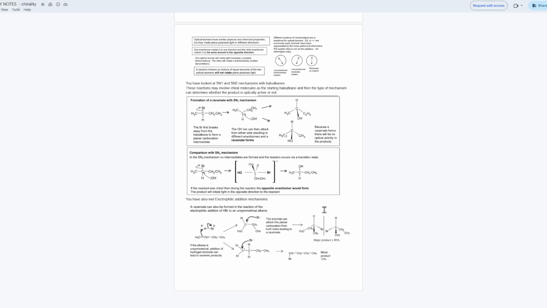This means that the product will be optically active.